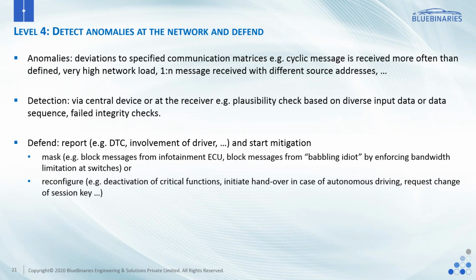For example, if you are receiving a specific cyclic message more often than required, then the receiver may flag this as an anomaly, saying that the sender is not a trusted one because you are receiving this message more frequently than expected. So you can have different detection policies on the sender side and the receiver side, both sides, to detect the connecting pair, whether they are trusted ones or not.